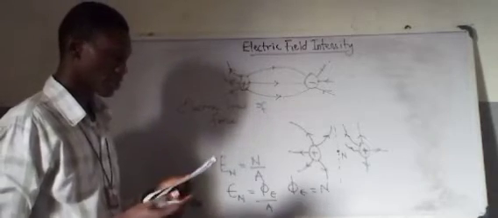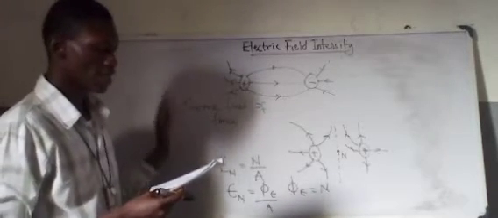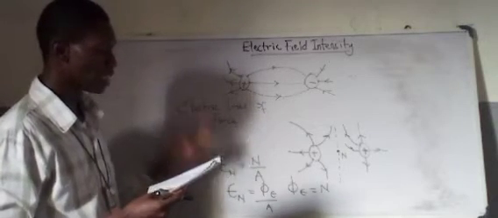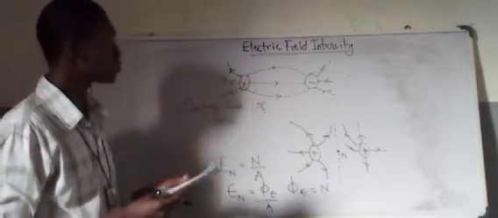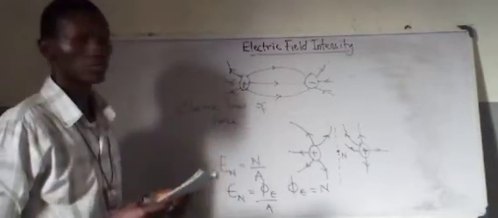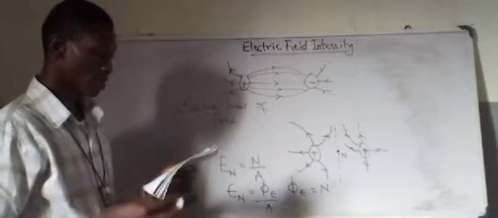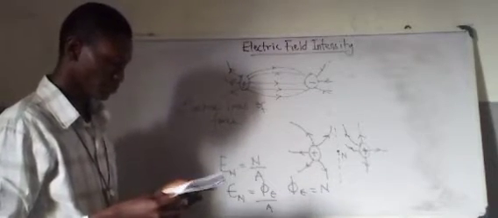Also, we should be aware that the greater the density of flux lines in a region, the larger the magnitude of the electric field. When we talk about magnitude, we are talking about the extent, the strength of that particular field. So if the lines of force here increase in number, it means that the electric field intensity will also increase.